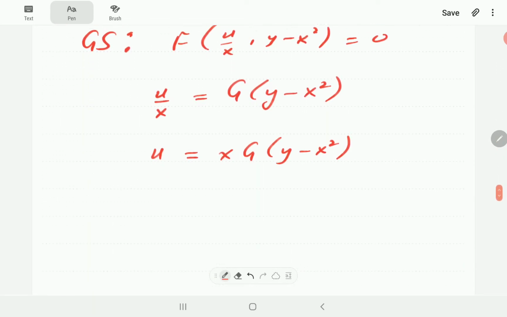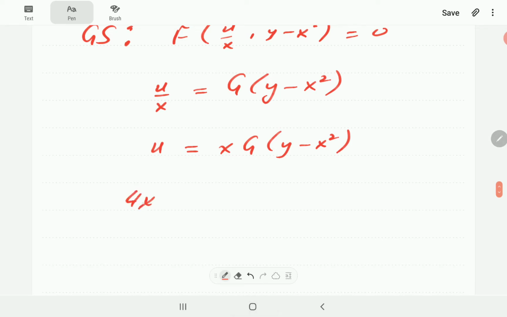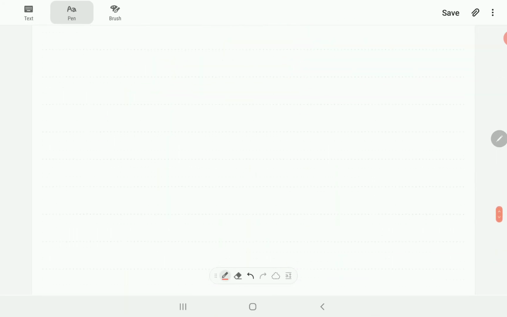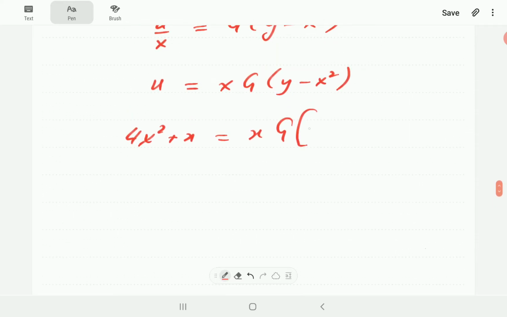So if we do that, u is 4x squared plus x, then g of y minus x squared is x squared plus x minus x squared. So we're simply going to write x squared plus x here, and then minus x squared there.